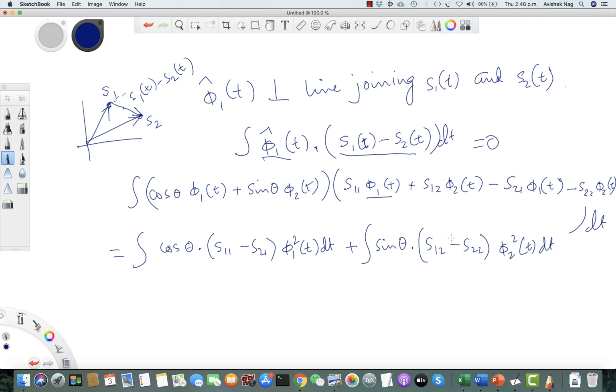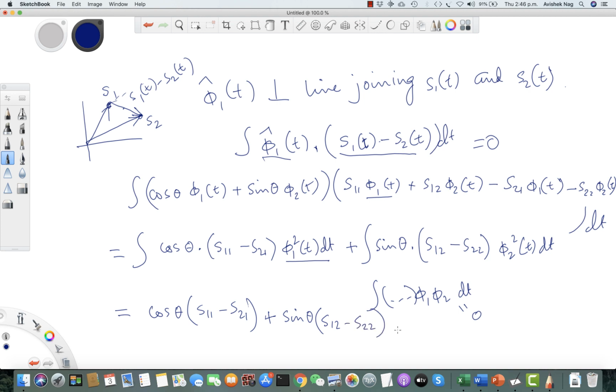The cross terms will give you 0 anyway, because whatever the coefficients are here, the integrals associated with phi 1 and phi 2 cross products will give you 0. So this will come down to cosine theta times (S11 minus S21), because this integral will give you 1, plus sine theta times (S12 minus S22).